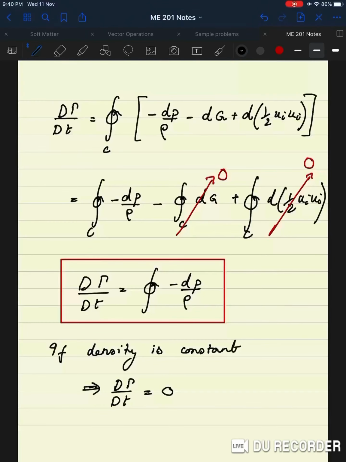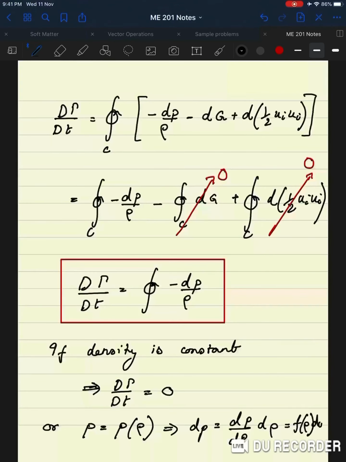Or somebody says that pressure is a function of only density, nothing else, then this will also imply that dp is nothing but this quantity, and this is nothing but some function of density into d rho.